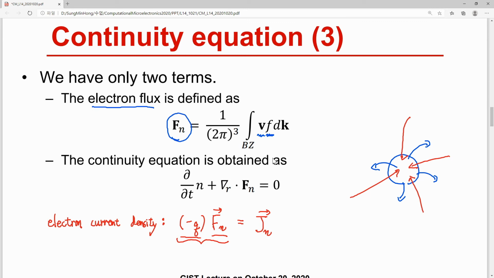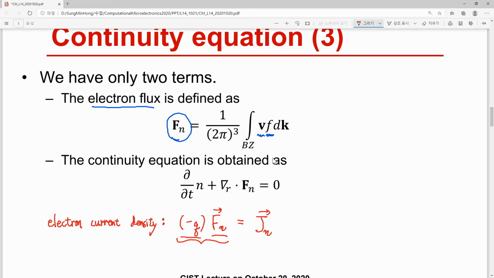Then how can we rewrite the electron continuity equation with the electron current density? As you can see here, the electron flux is simply given by 1 over minus q times Jn. So now you can see that ∂n/∂t minus 1 over q times the real-space gradient of Jn becomes 0.